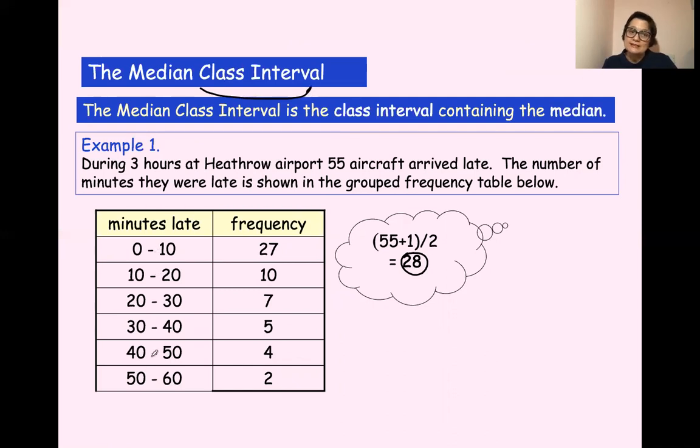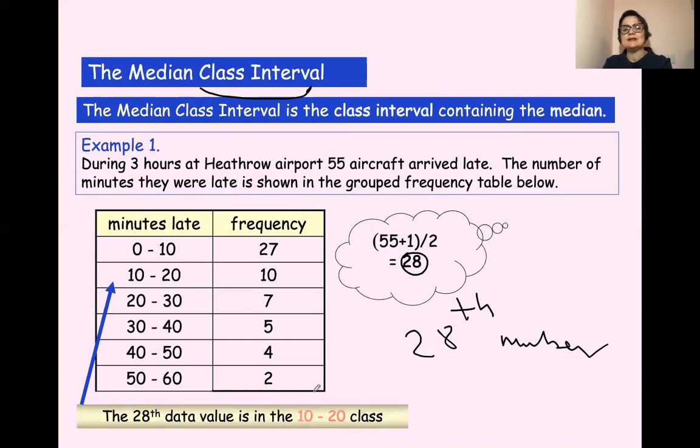So what class does the 28th number belong to? The 28th number, remember, we need the median class. The first 27 values belong to the first class, 0 to 10. And the 28th is actually here, in this class, 10 to 20.